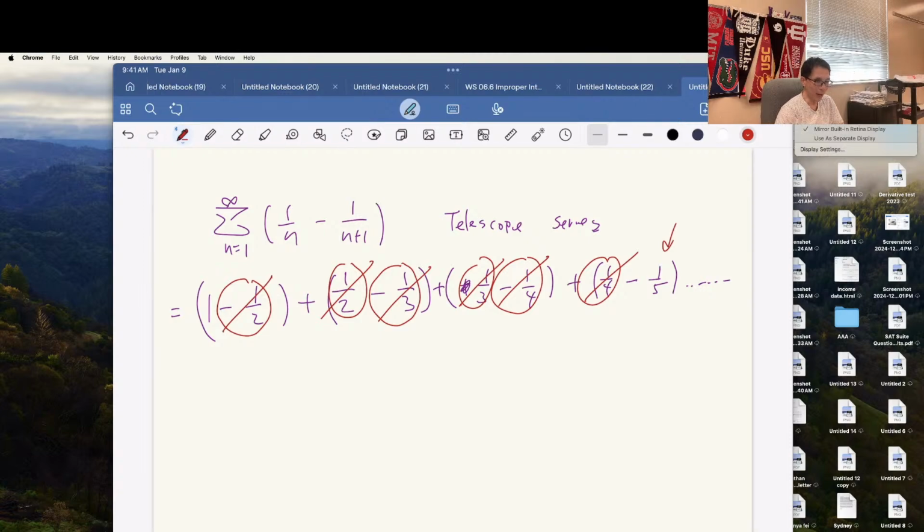So can I write the partial sum as Sn equal to 1 minus 1 over n plus 1?